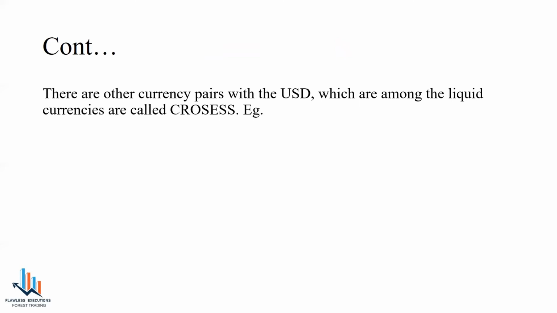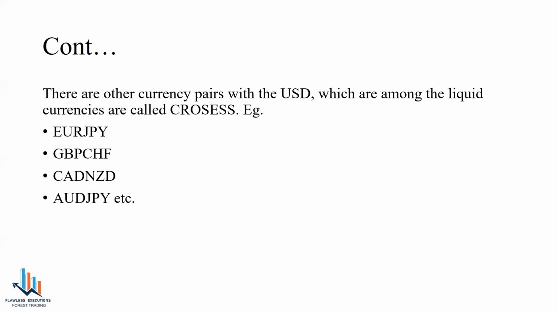Aside from the USD, the other 7 most liquid currencies we have in the world, if they pair with themselves, they are called the crosses. And these are a few examples, and you can name some. These are the Euro Yen, the Pound CHF, the CAD NZD, the AUD JPY, and I'll give you a few seconds if you can name some for yourself. How can we add to this example? We can add Pound NZD, AUD Yen, CAD CHF, and the rest.